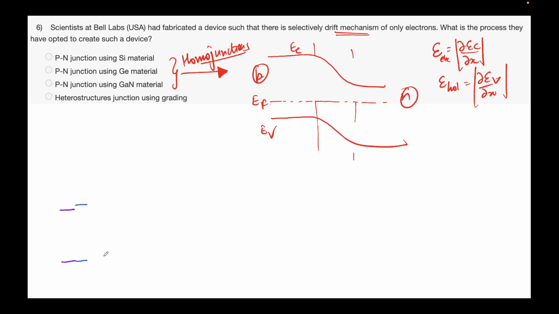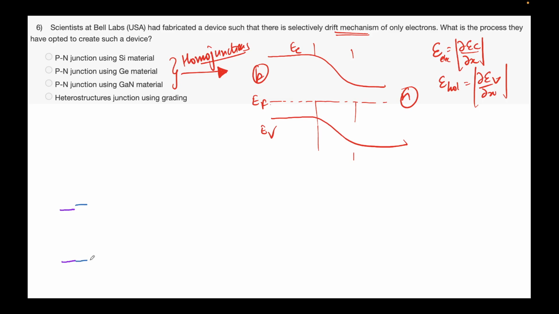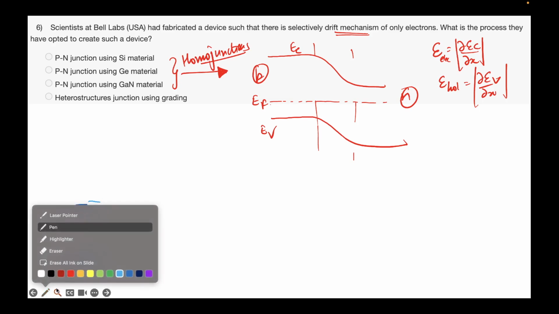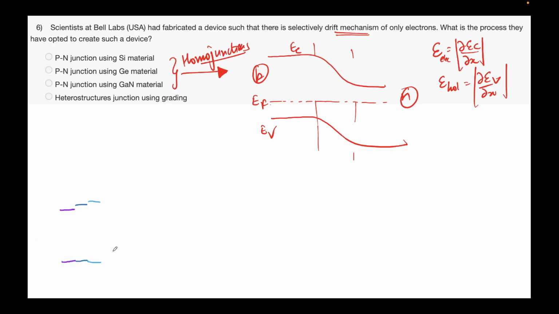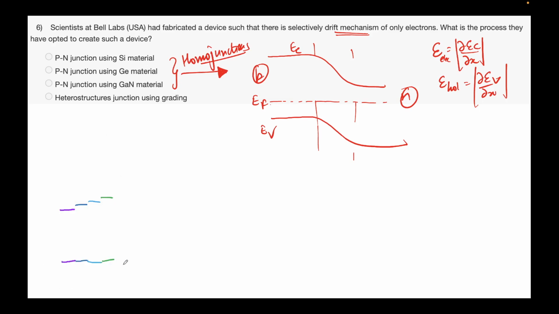I'm just showing the slices. Let's say each slice of the growth step is, again, 1 nanometer or something. Then again, I'm maintaining that the valence band energy remains fixed, but the conduction band energy is gradually increasing. I'm just showing very small steps to illustrate my point as to how that is happening.